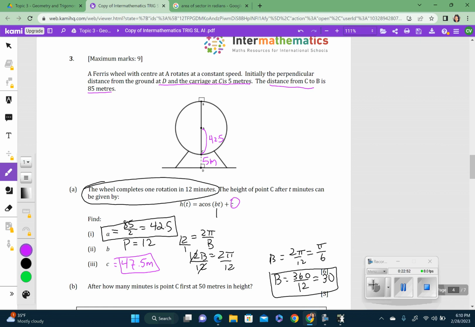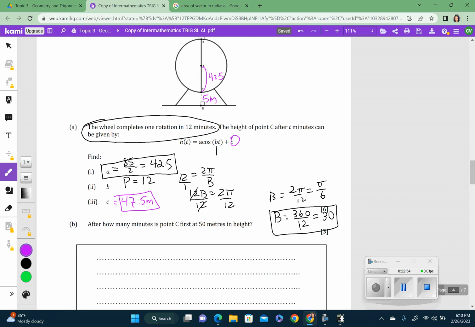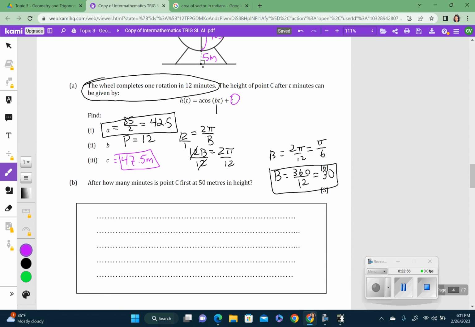Okay. All right. So how many minutes is point C first at 50 meters in height? Is our part B. So we're going to plug in what we have, which is h of t. So for part B, we're going to say h of t is equal to, so our A here is 42.5, but since it's down, it's going to be negative, so negative 42.5.